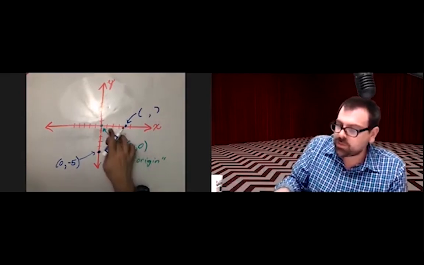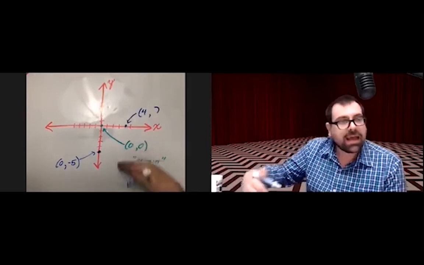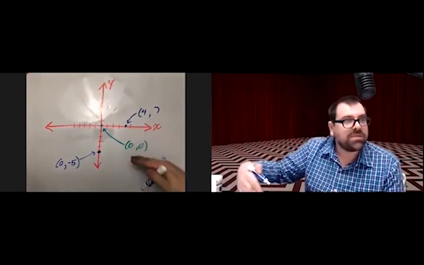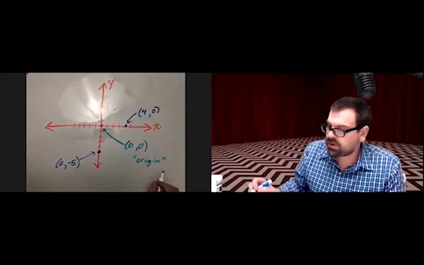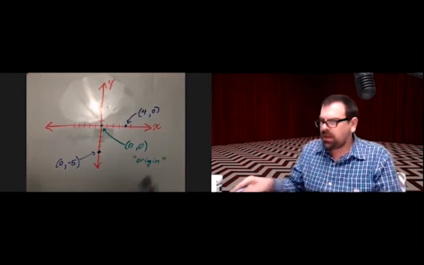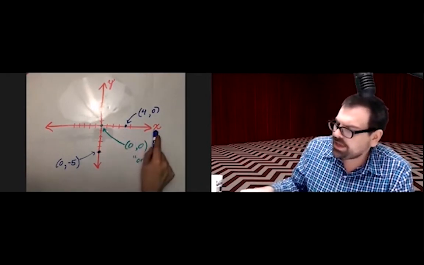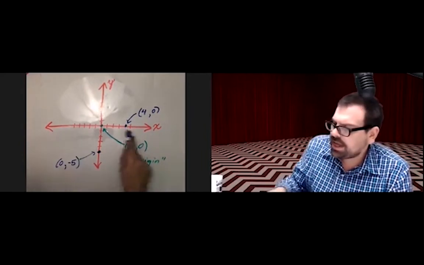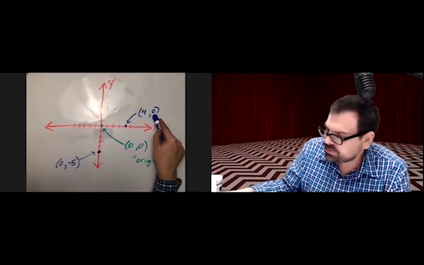Now the x is 1, 2, 3, 4, but the y has not moved any from 0. So the y is 0. What I want to point out here is that something that's directly on the x-axis, the horizontal axis, has a y of 0.